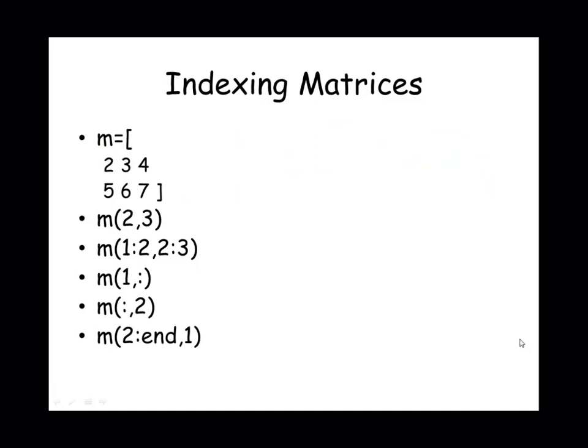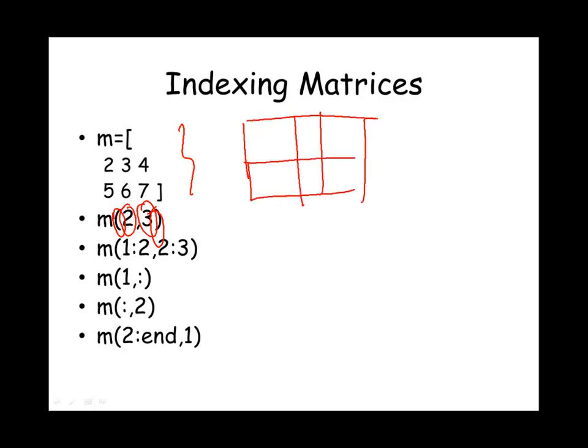When you are indexing matrices, again you would have parentheses, but inside the parentheses you would provide both the row number and the column number of the elements that you would like to index. In this example, M is a matrix with 2 rows and 3 columns, and it contains numbers 2, 3, 4 in the first row and 5, 6, 7 in the second row.